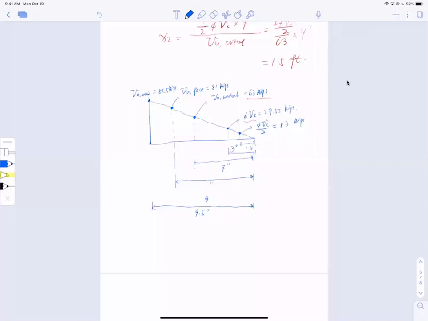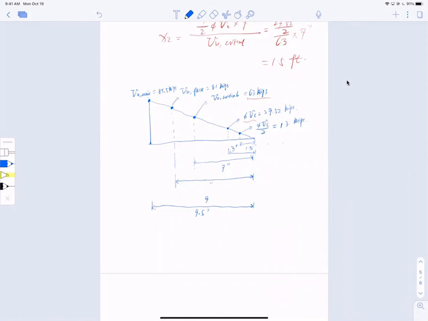So I look at this. Why am I using half phi VC? Because eventually I'm going to compare my contribution from concrete to my applied shear, to know which region I'm designing for. So I just label this.